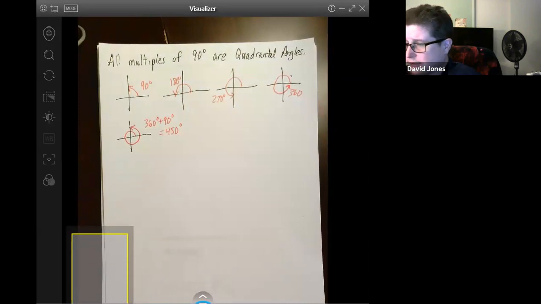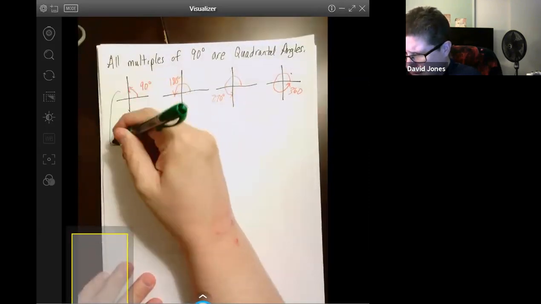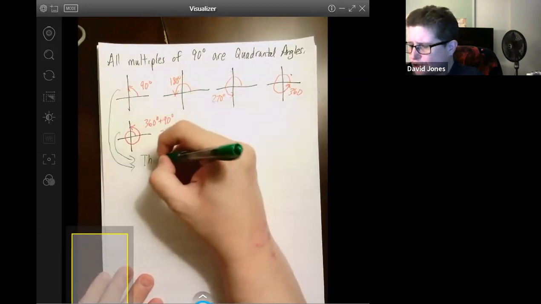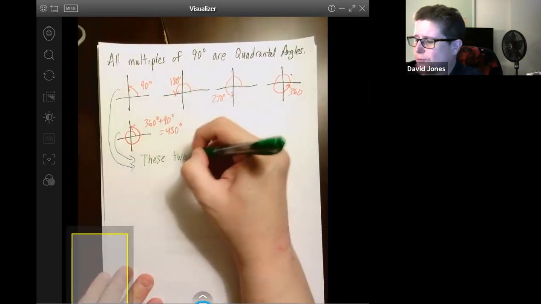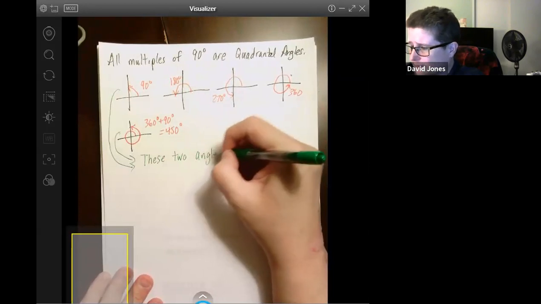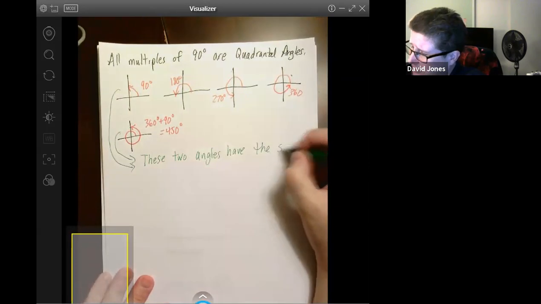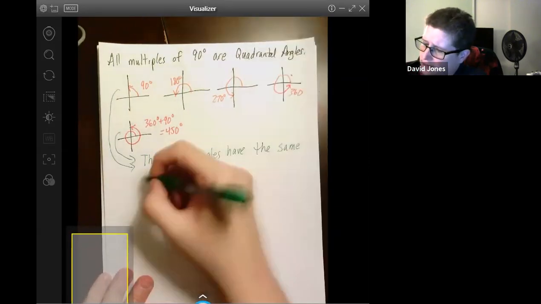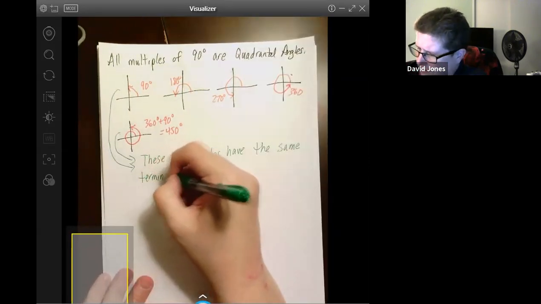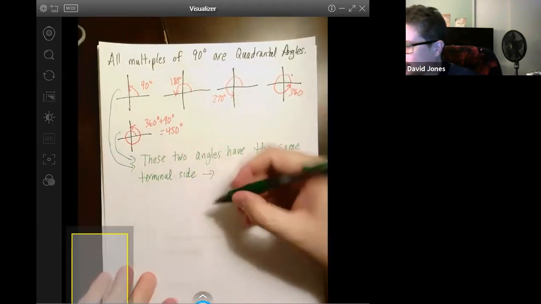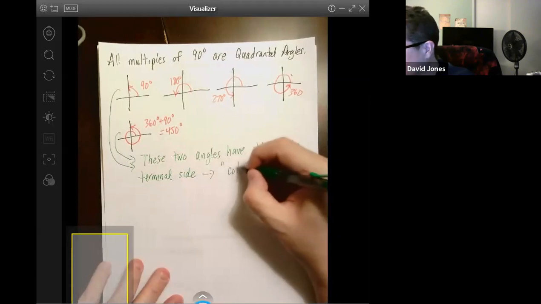Note these two angles have the same terminal side. When this happens, we call it coterminal angles.